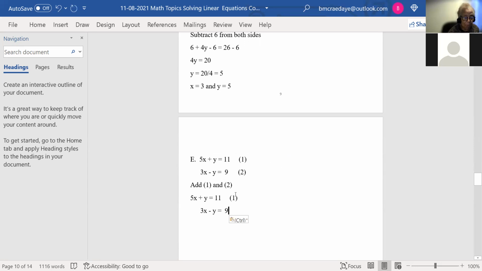Okay, let's take out the 1 here. We don't need that. Okay, Maureen, now add these. What do you get? The reason we add them is that if we add plus y and minus y, we get 0, right? So we're eliminating the y.